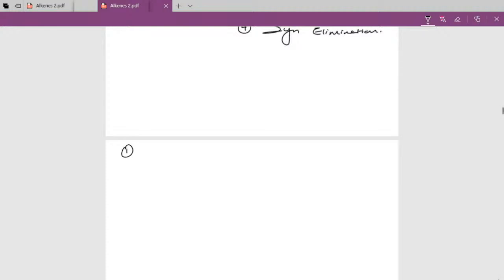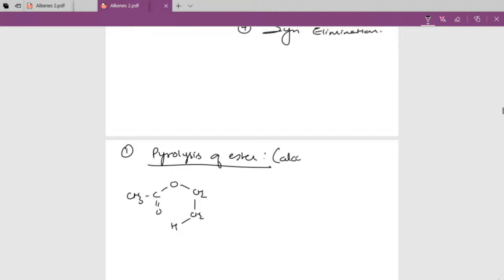So first we are having pyrolysis of ester. If you have an ester, always remember pyrolysis is of the alcoholic part of the ester, not the acid part of the ester. It is always from the alcoholic part.